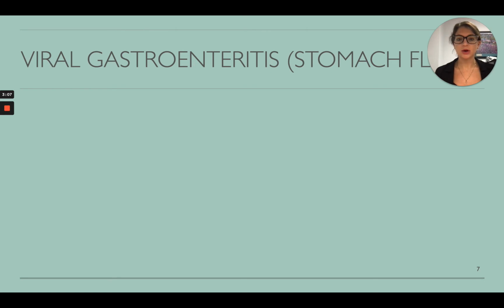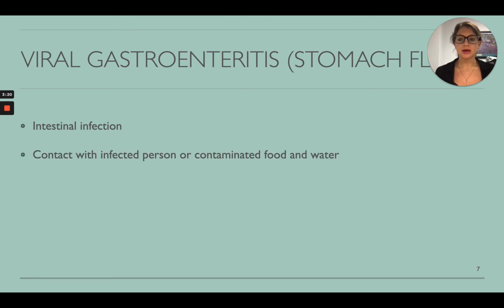Next, we have viral gastroenteritis, which is also known as the stomach flu. And this is an intestinal infection, so it is an infection within the intestines of an individual. And it is spread through contact with an infected person or contaminated food and water. So again, if an individual is sick, it can easily be spread from one person to another. It can actually be deadly to elderly or compromised immune systems.